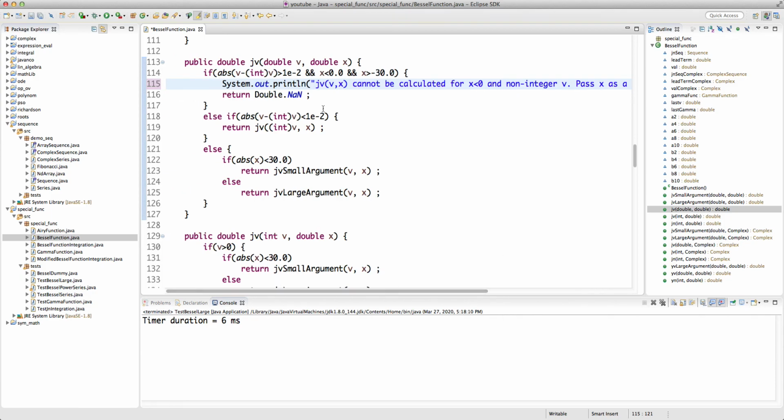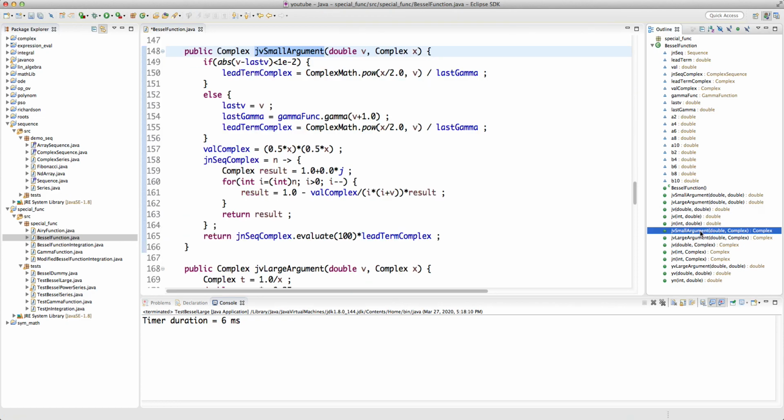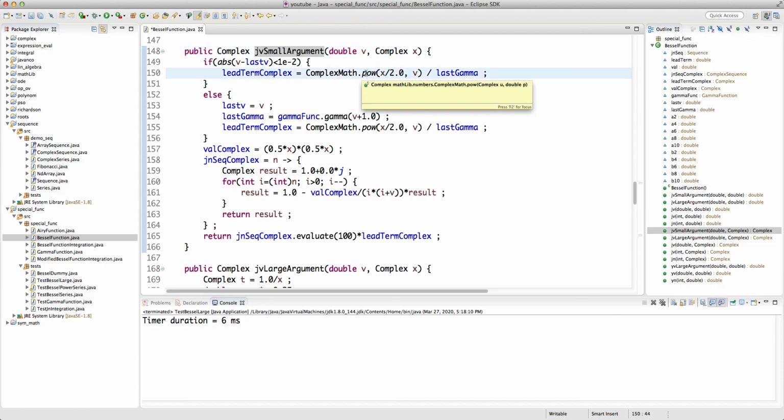Once that happens, the compiler, instead of choosing this method, chooses the method that has a complex argument, and then this power is calculated based on the complex power, not the real power, and it has no problem raising a negative number to some real power. So the complex value of the Bessel function gets evaluated.